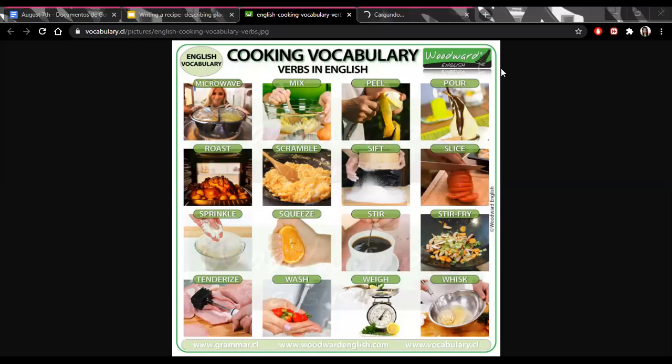Aquí no viene chop, pero por ejemplo, that is a slice cuando partes así como que en rebanadas. Y el chop es cuando así picadito todo. Sprinkle, squeeze, stir fry, tenderize, like with the milanesas, for example, wash, weigh, whisk.